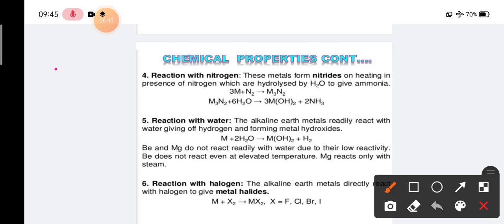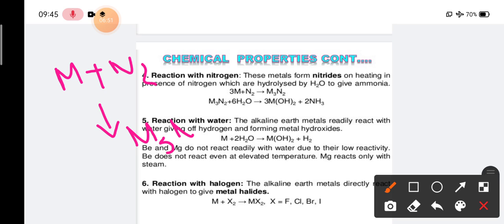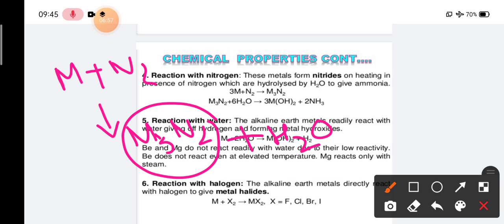Suppose this is a metal, and when it is reacted with nitrogen, it will form a metal nitride, that is M3N2. And this metal nitride, when reacting with H2O, will give a metal hydroxide.